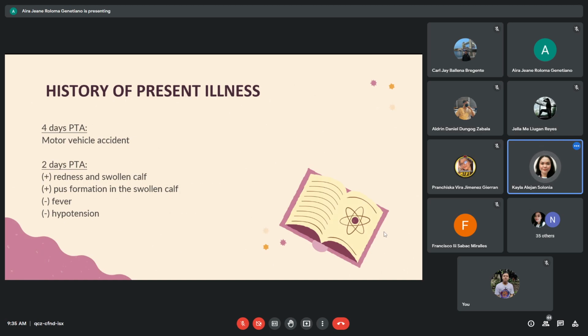The history of present illness. 4 days prior to admission, the patient had a motor vehicle accident. 2 days prior to admission, the patient experienced redness and swollen calf and pus formation. No fever and hypotension were observed.